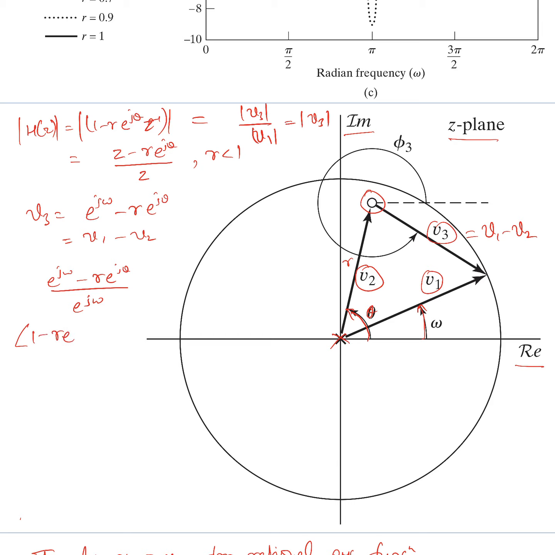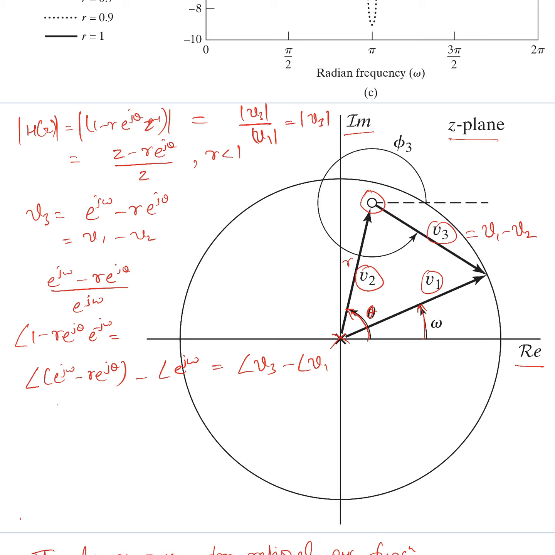And the corresponding phase, if you compute the angle of 1 minus r e to the power j theta times e to the power minus j omega, would be equal to the angle of the numerator, e to the power j omega minus r e to the power j theta, minus the angle of the denominator, e to the power j omega. Since the first term is of the vector v3, I can write it as angle of v3 minus angle of v1.